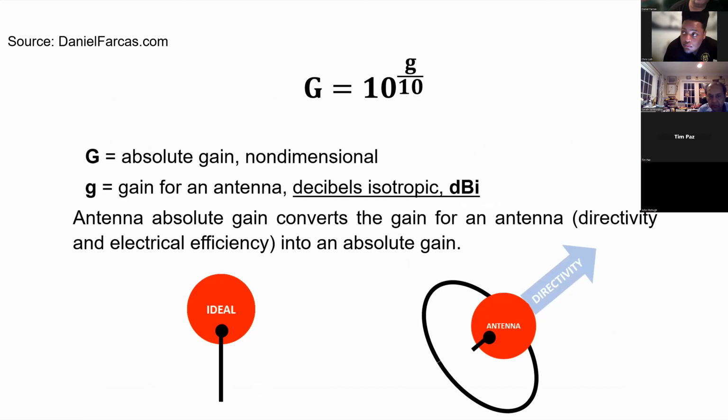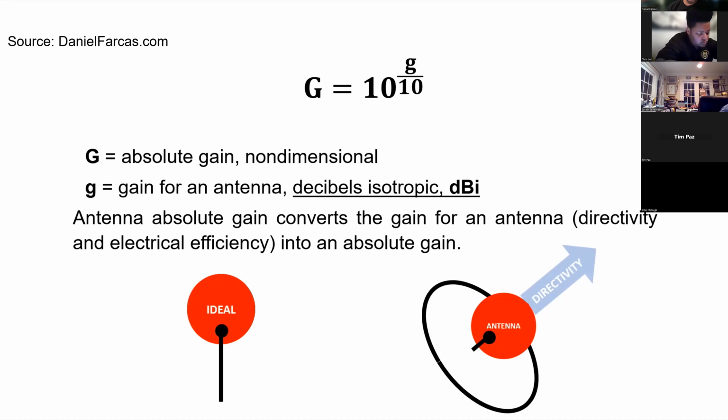So let's talk about the absolute gain. This will be the last formula, and then I'm going to start taking questions. This equation is about the antenna absolute gain, which converts the gain of an antenna, which is directivity and electrical efficiency, into an absolute gain. The gain of an antenna is measured in decibels isotropic, or dBi.